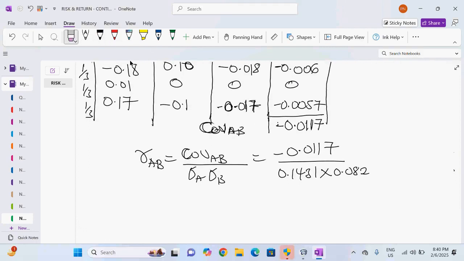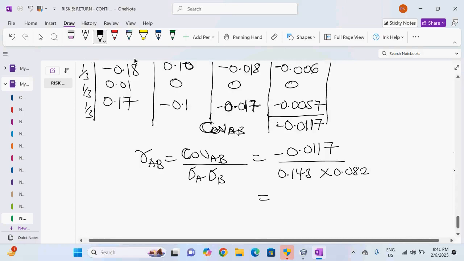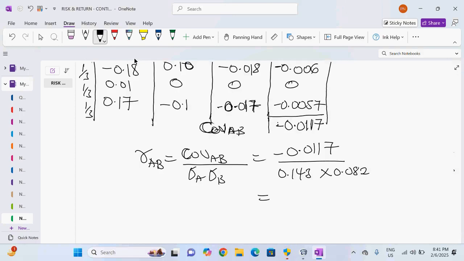Okay, so what then is the correlation coefficient? Negative 0.998.